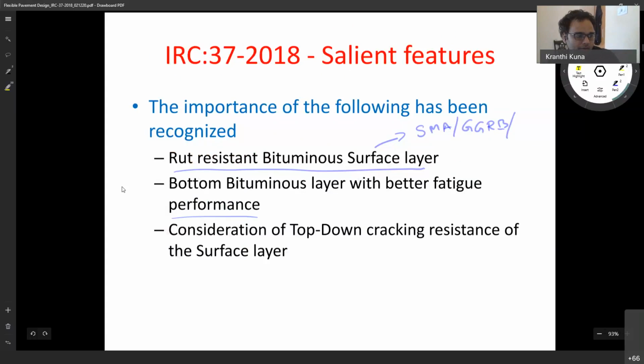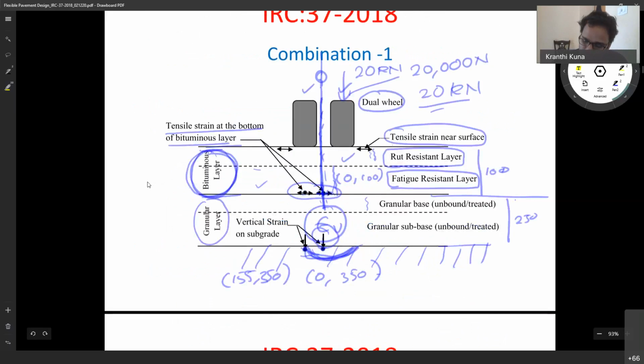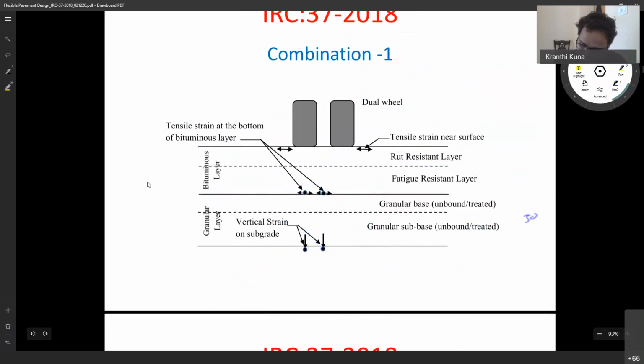If you remember, I was talking about the fatigue resistance layer. If you are having 2 layers, a top layer and a bottom layer, you have a fatigue resistance layer at the bottom. Usually, conventionally, the more the bitumen content, up to a level, the better the fatigue life of a pavement. It has good fatigue resistance. That is the principle of the SAMI layer as well.